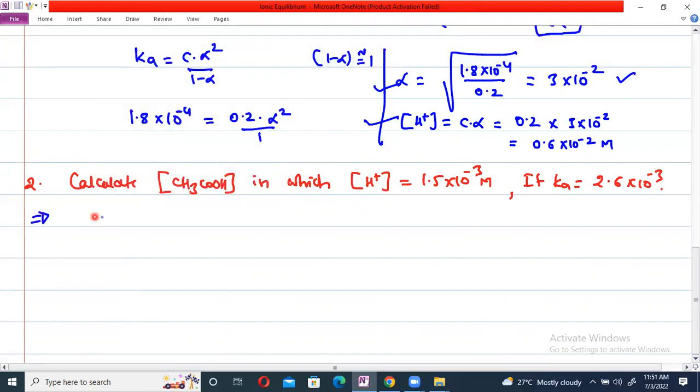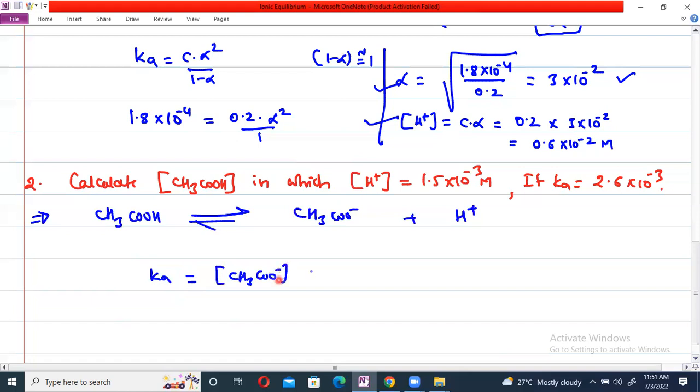Now how to get here? Same way. This is the acetic acid. It will be converted into acetate ion and H plus ion. So we can say K equal to concentration of acetate ion into H plus ion by acetic acid. The concentration of H plus ion is given, this is a value given at equilibrium.